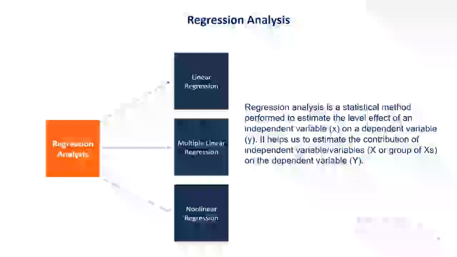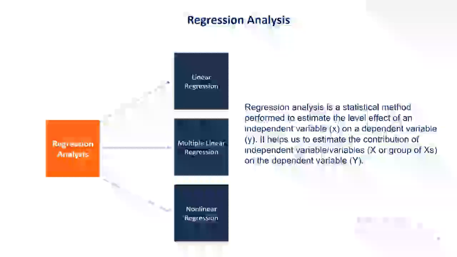It's not going to go in a non-linear way. But if it follows a non-linear pattern, then it falls under polynomial regression, where you have to fit some kind of curve. Our major focus will be on linear regression and multiple linear regression.